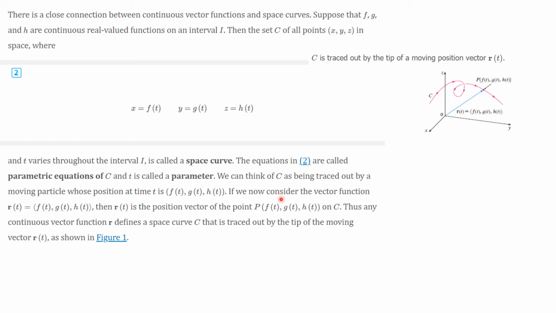Now, if we consider the vector function r of t equal to the bracket f, g, h, then r of t defines the position vector of a point on C. And so we're talking about having the vector that's tracing out that curve, but we're putting the tail of the vector at 0. So the tip of the vector is this point. And that also defines a space curve that's traced out by moving the tip of the vector.